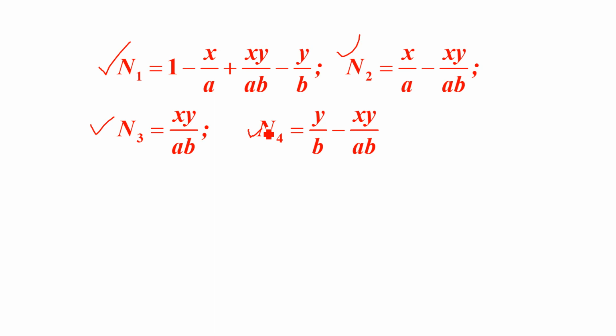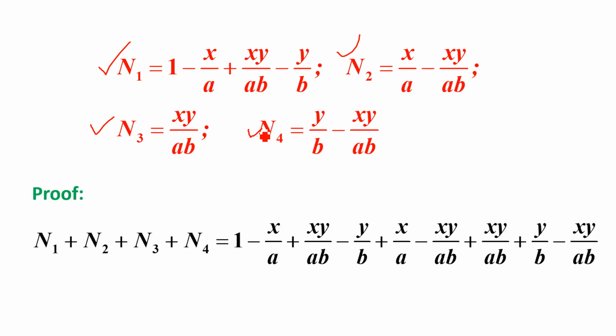In this element also we can prove the property of shape functions, that the sum of shape functions is always equal to unity. So if you add these 4 shape functions, N1 plus N2 plus N3 plus N4, on the right hand side all elements will get cancelled except one. For example, minus x upon a plus x upon a, minus y upon b plus y upon b, minus xy upon ab plus xy upon ab, minus xy upon ab plus xy upon ab.